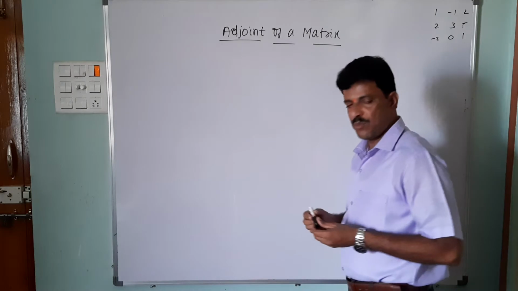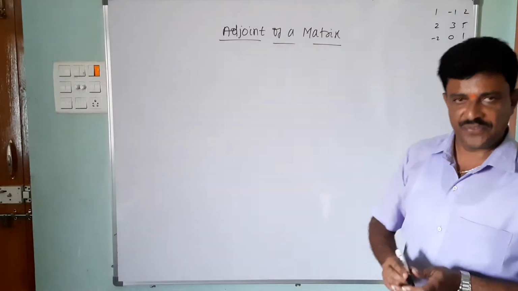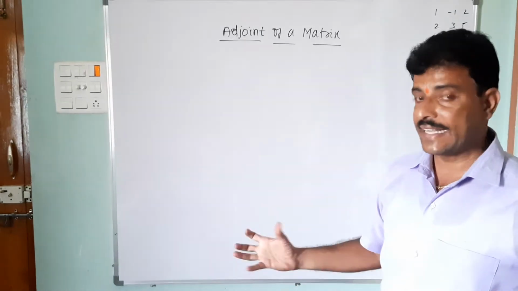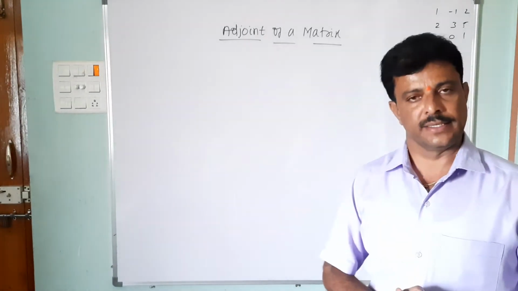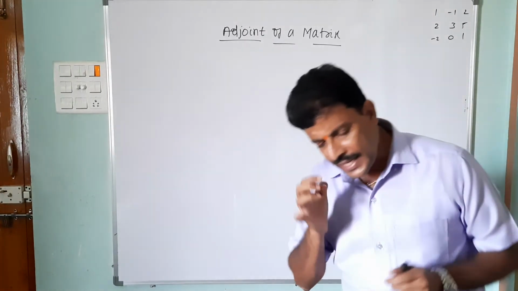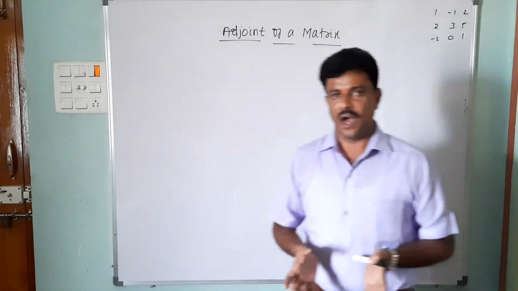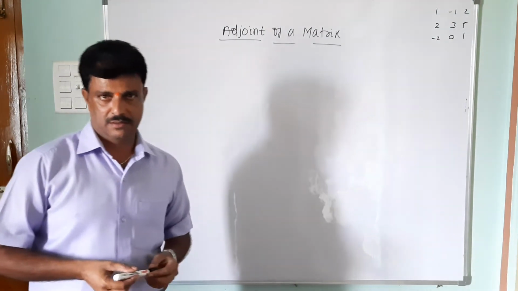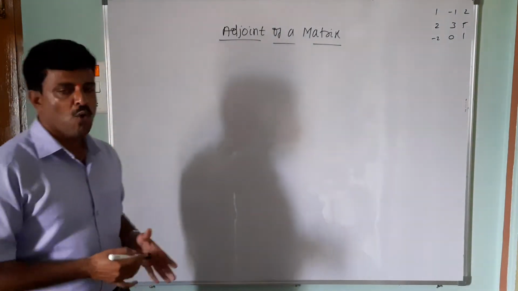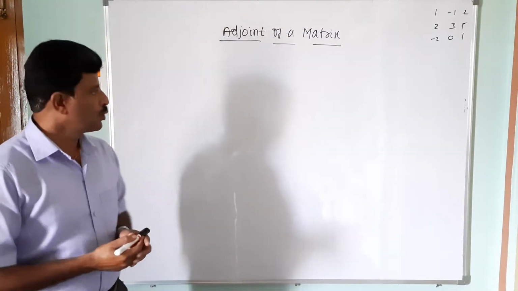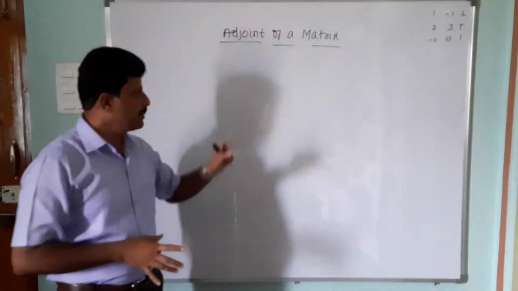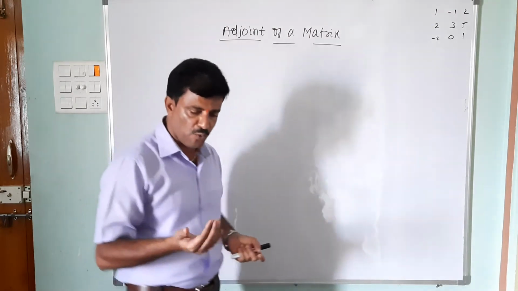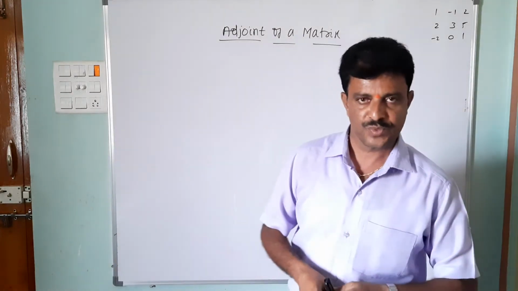First I am going to the definition. What is meant by the adjoint of a matrix? We already know how to find minors and cofactors. According to the cofactors, you write down a matrix with element number 1, element number 2, element number 3, and so on.